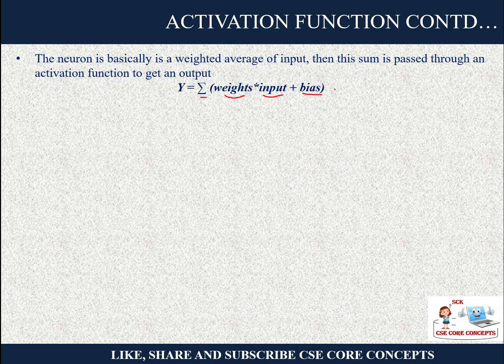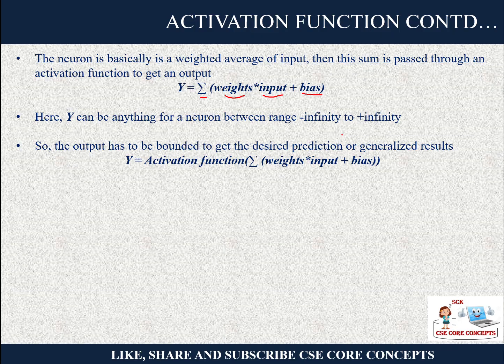Now the result can be like 14, 25, 82, but we are looking for a classification problem. So y can have any value from minus infinity to plus infinity. So this output has to be bounded in the desired prediction.